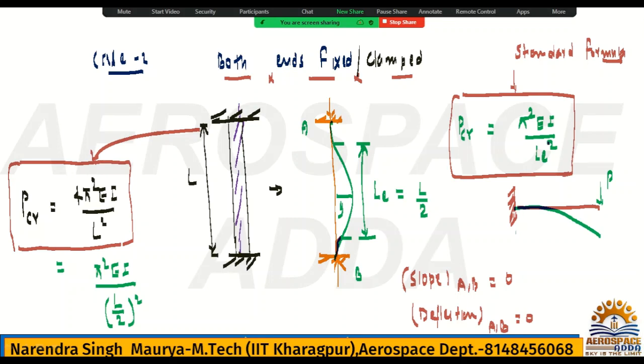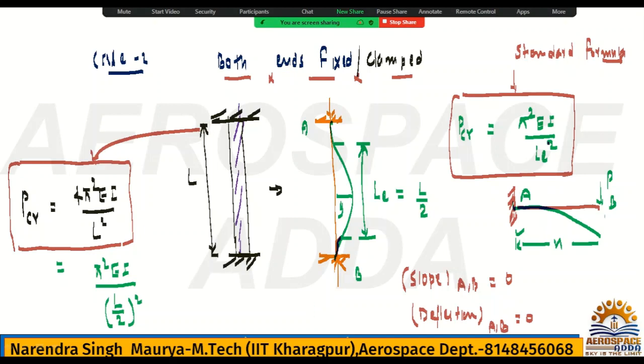So here I had given the boundary condition. At the fixed end, at X equal to 0, that means point A, slope and deflection both will be 0. That I had explained.